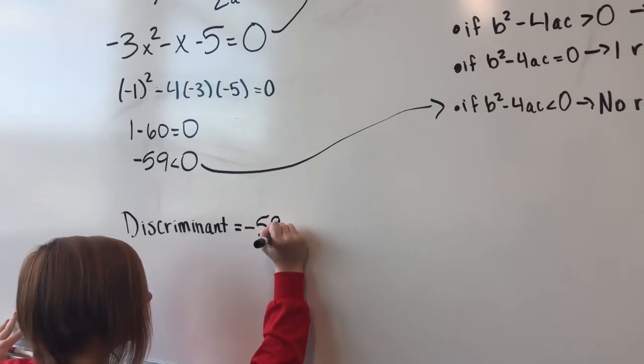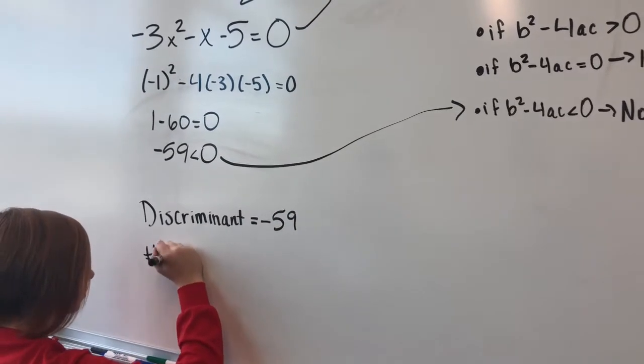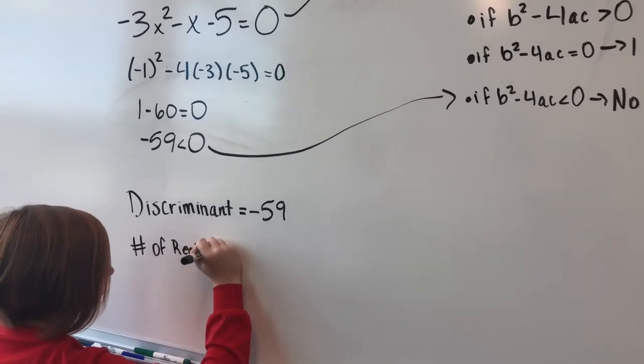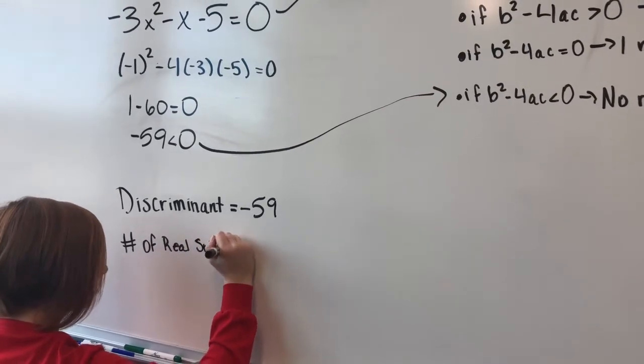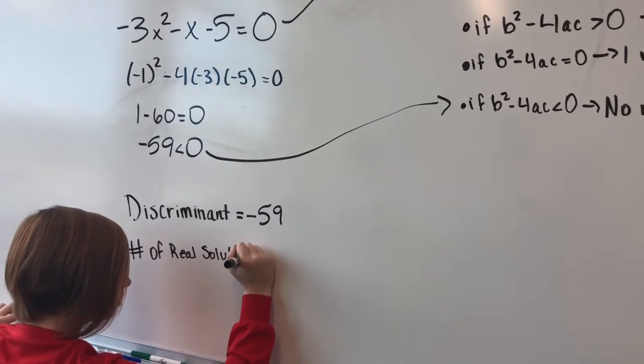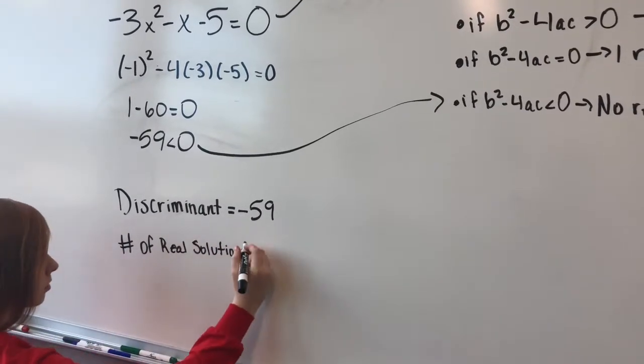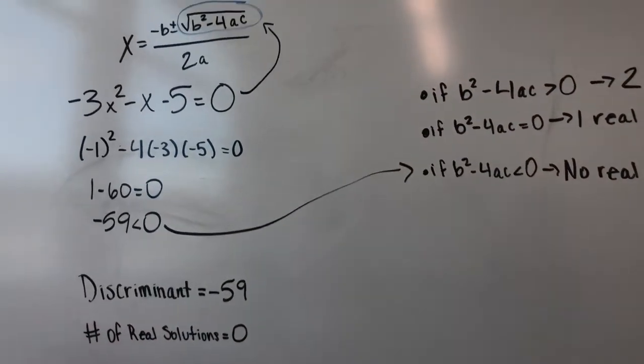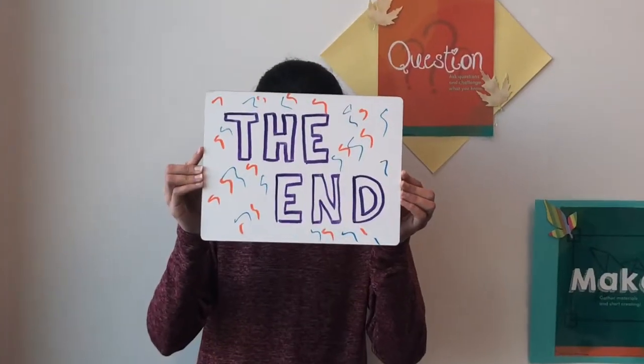And then our number of real solutions is going to come out to be 0. And that is all you need to know to find the discriminant and number of real solutions for a quadratic equation.